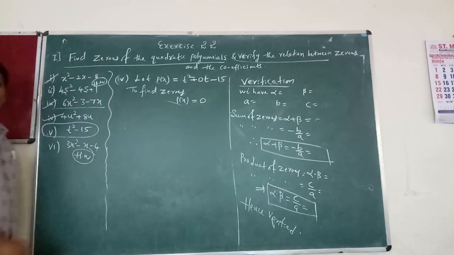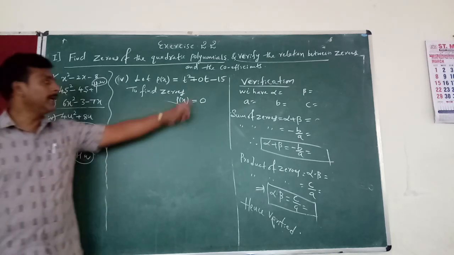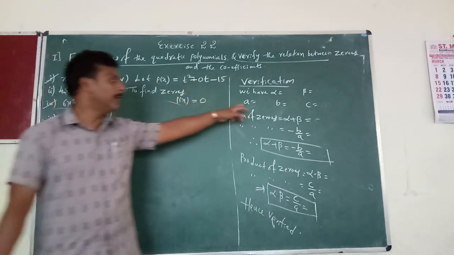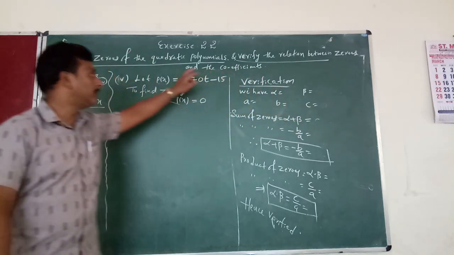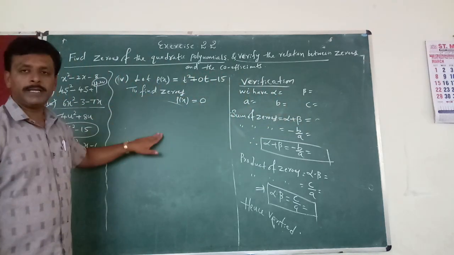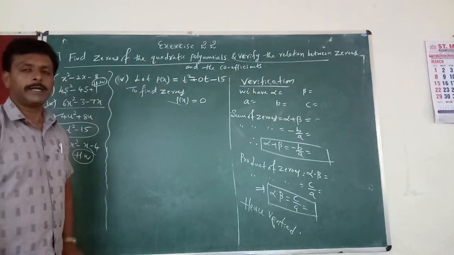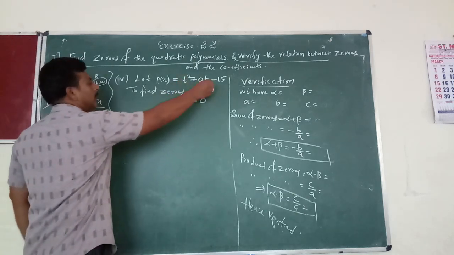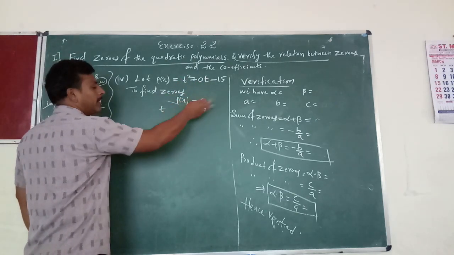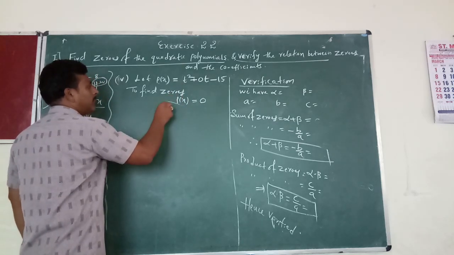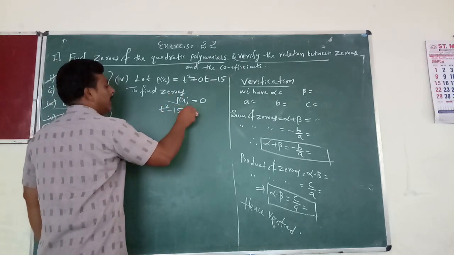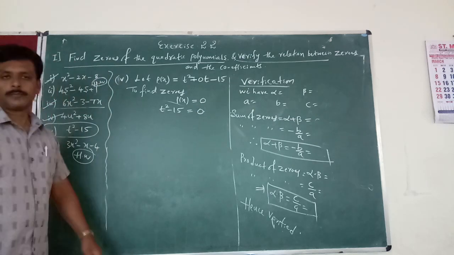This one I have taken. So we need 0t to find out a, b, c. That's why I have taken 0 here. For finding the zeros, 0t is not needed. Directly we can start. So I am taking p of x equal to 0. Next, t square minus 15 is equal to 0.